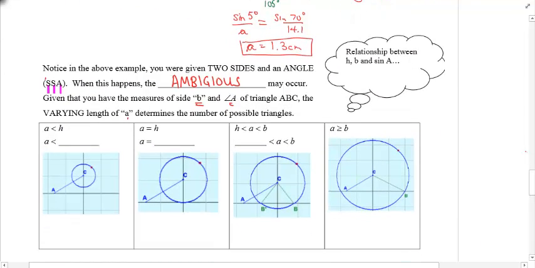And let me try to show you. This only happens in this case of side angle. When you have this, let's say we know for sure angle A. So this is angle A down here.